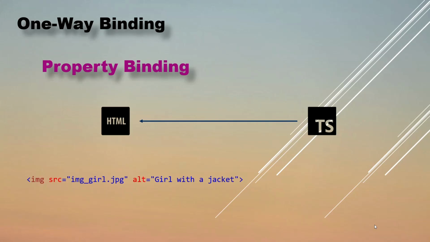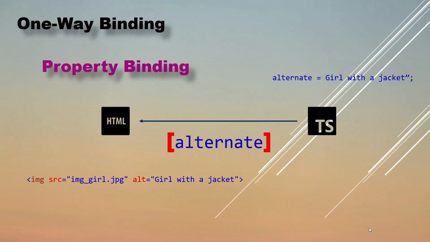We'll access this property from the TS file. Let's say I have created an alternate variable with the value girl with a jacket. So how can we access that? This is the syntax.